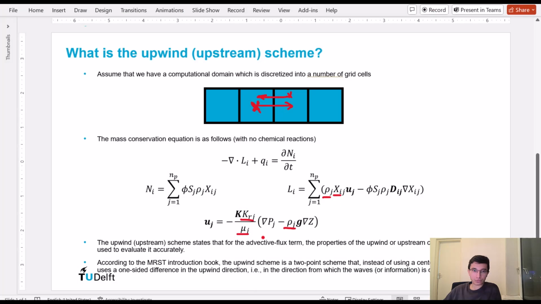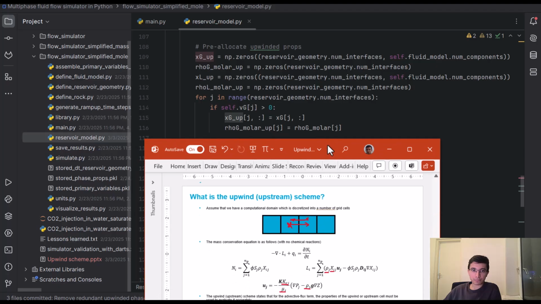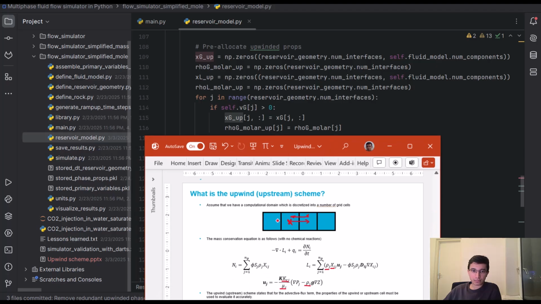So let me show you how this works. In this system, if this is the positive direction in our simulator, then when the velocity of the gaseous phase is positive, fluid is moving from this cell to this cell.